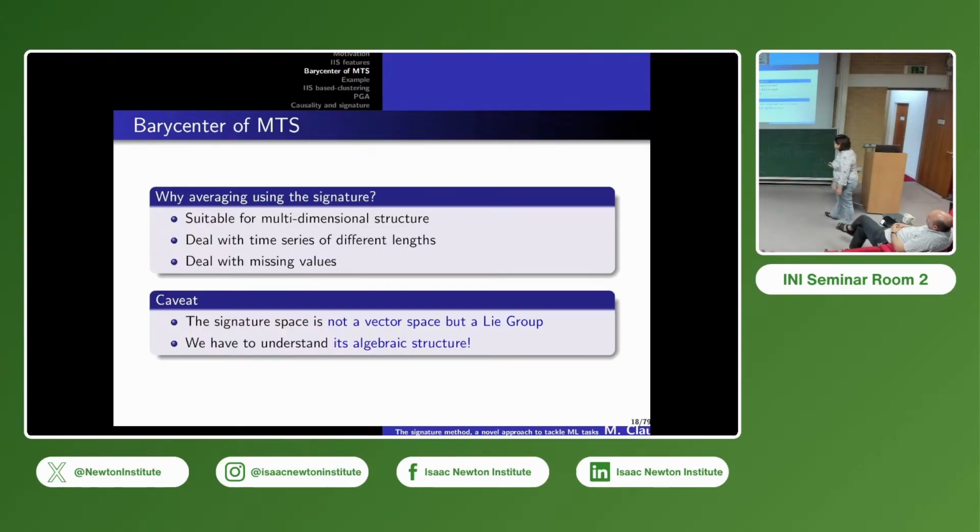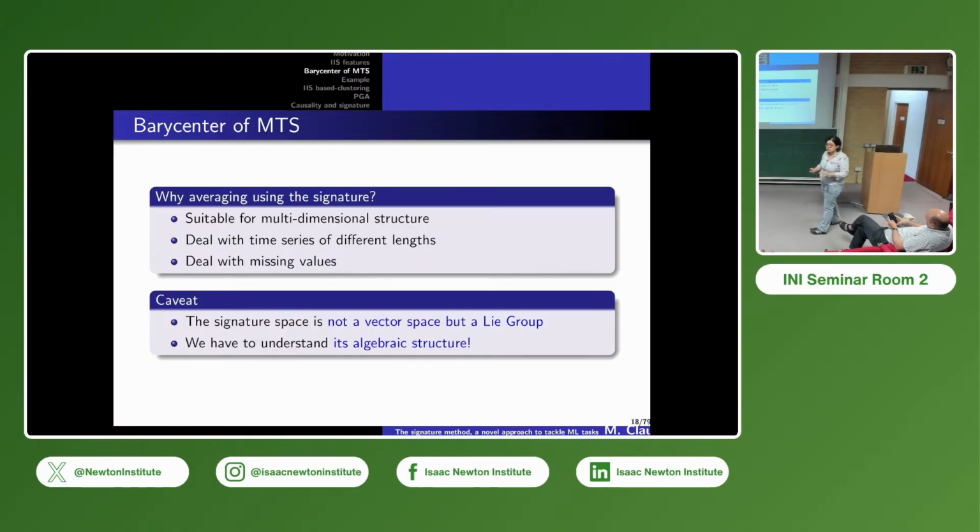The point is that if you average two signatures, it is not a signature, because you have a nonlinear relationship. If you average, for example, signatures of order 1 and signatures of order 2, there is no reason to have a Fubini-like formula, because you are truly nonlinear.